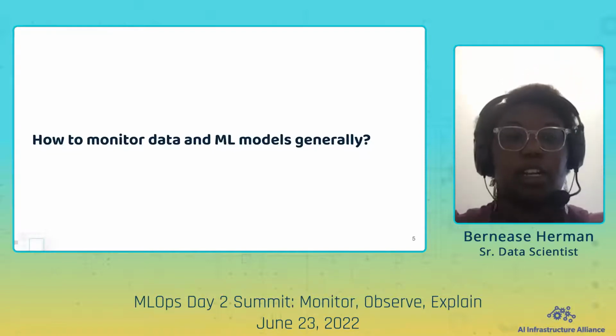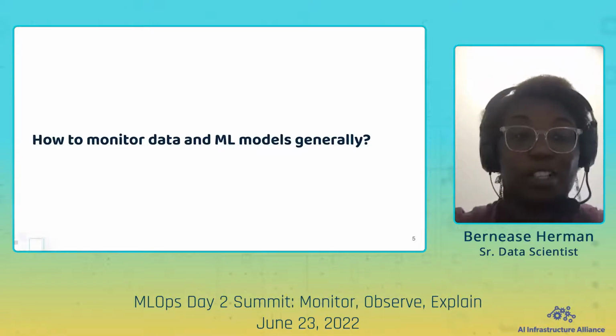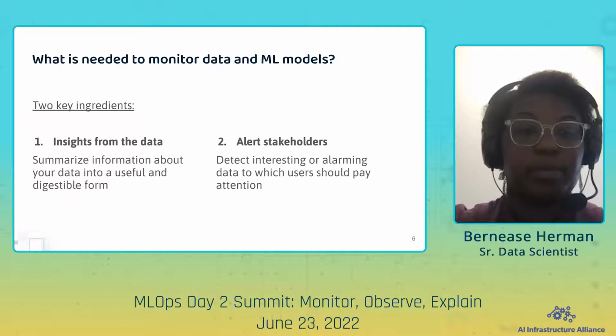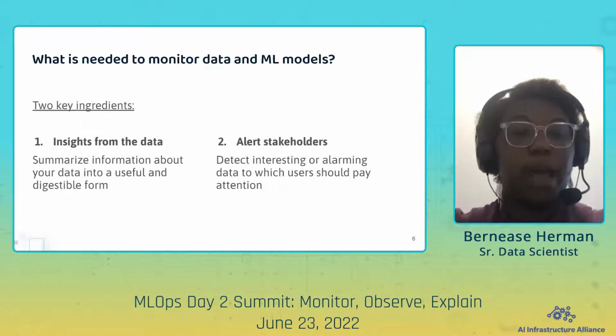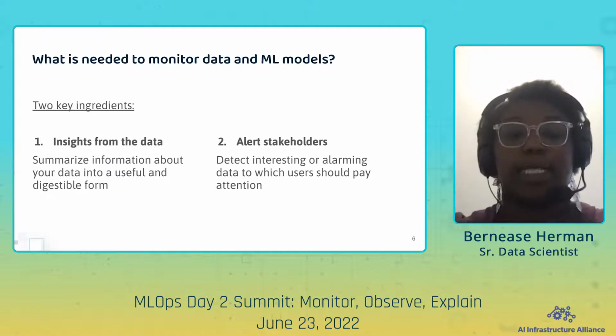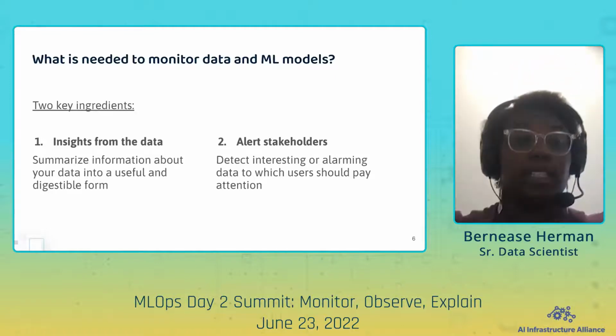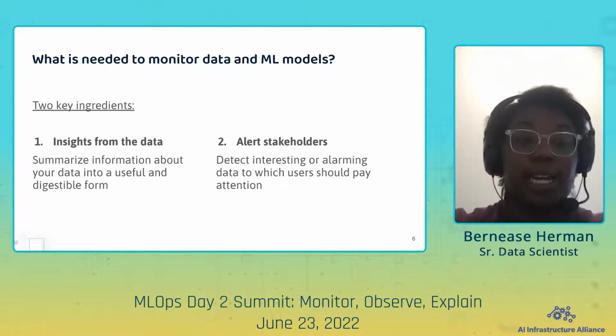Okay, so let's talk about monitoring. How do you monitor data and machine learning models generally so we can get to thinking about unstructured data specifically? I would posit that there are two key ingredients to monitoring data or machine learning models, either one. One is collecting insights from the data.